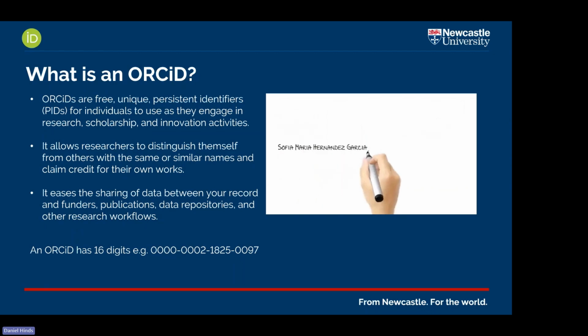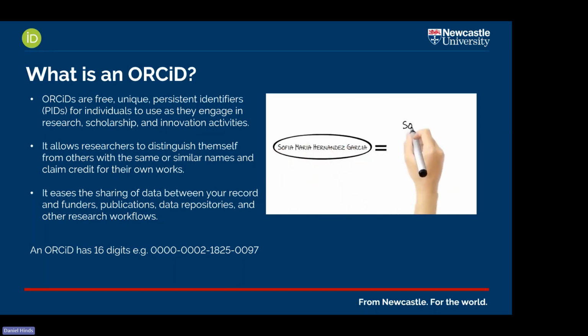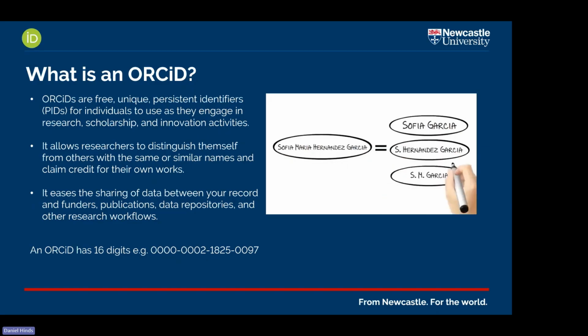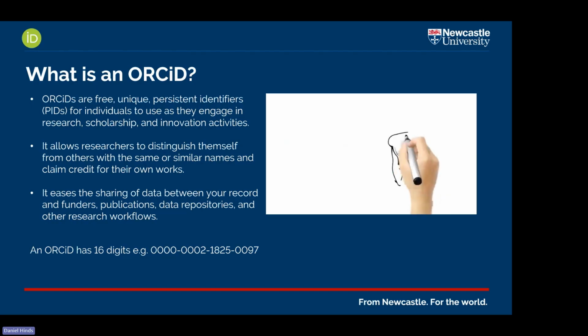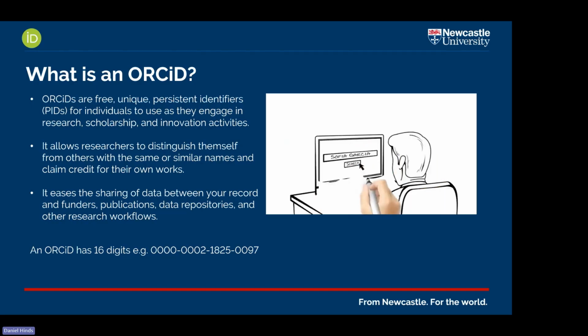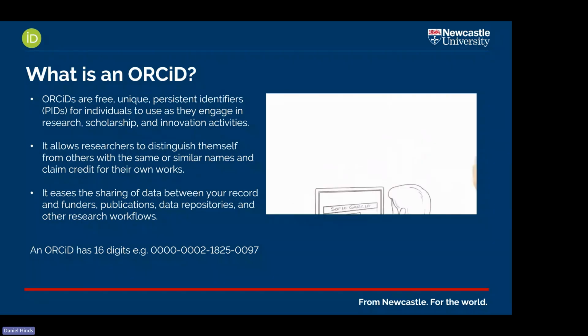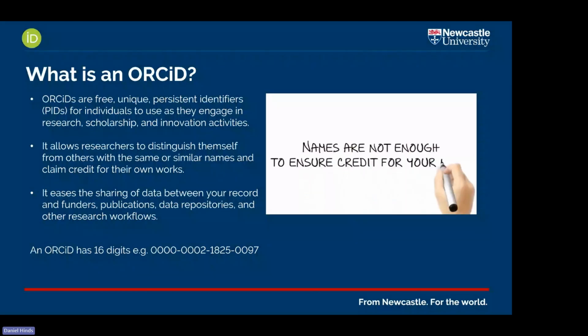And it can get even worse if you consider all of the potential variations of a name. Names can change over time, are sometimes expressed in different ways in different situations or languages. So when someone searches for Sophia, they may or may not find all, and only the things that can be attributed to her work.